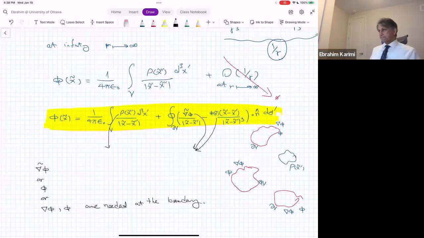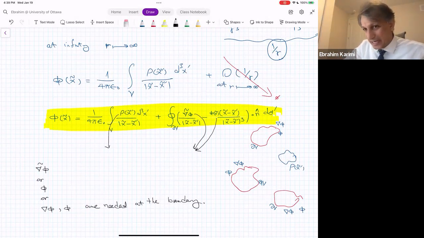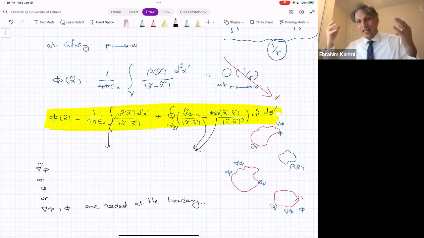So without the boundary conditions, we had only the first term, the integral of rho of x prime divided by this. But now, with boundary conditions, we have a different potential. This was exactly what Gavin asked. The boundary condition will affect the general expression for the potential.